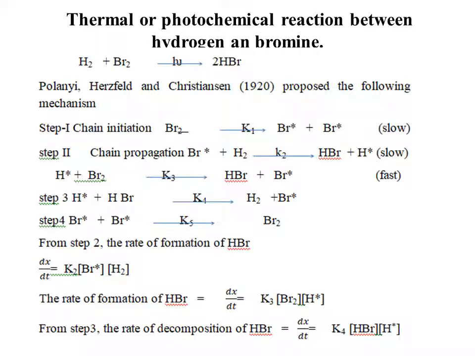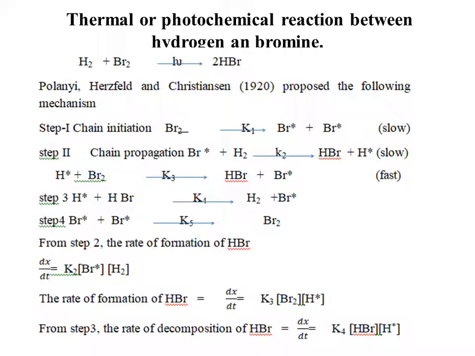This is again a slow step. H*, the hydrogen radical, will then react with the bromine molecule with a rate constant K3 to form HBr and Br radical. This is a fast reaction.